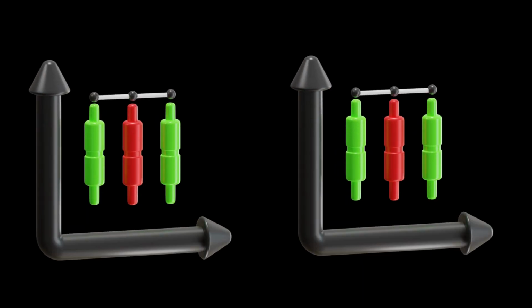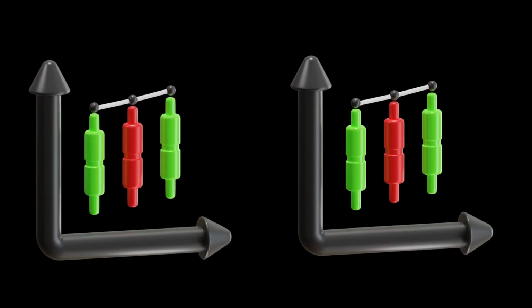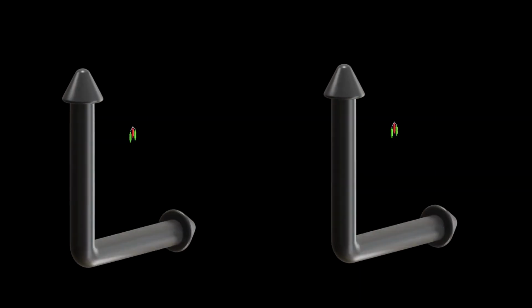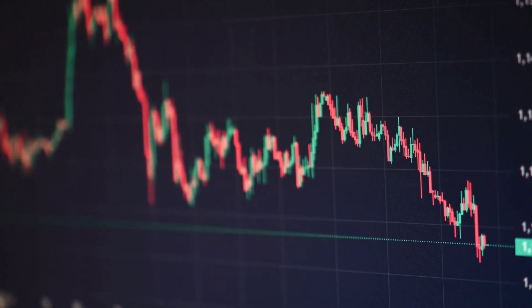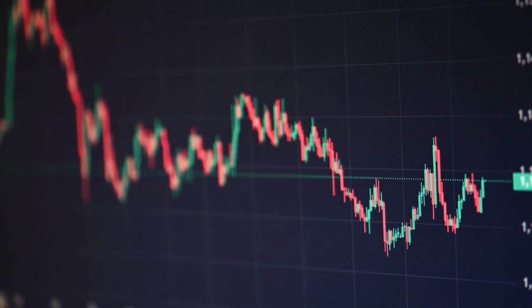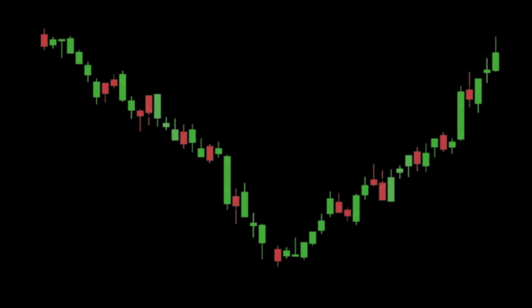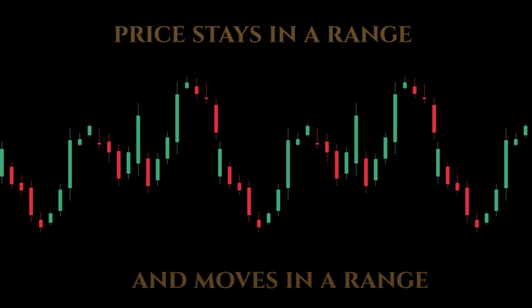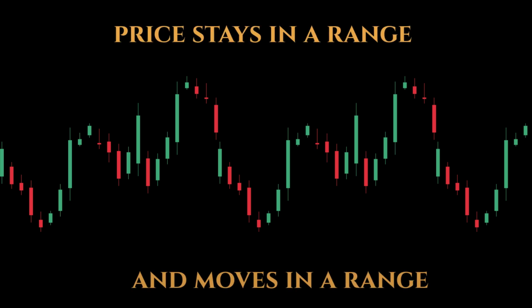And obviously, the financial markets often behave in a very similar way. They don't move straight up or straight down. There are ups, there are downs, there are corrections, there are recoveries, and at times they are just not moving at all. They are in a range.